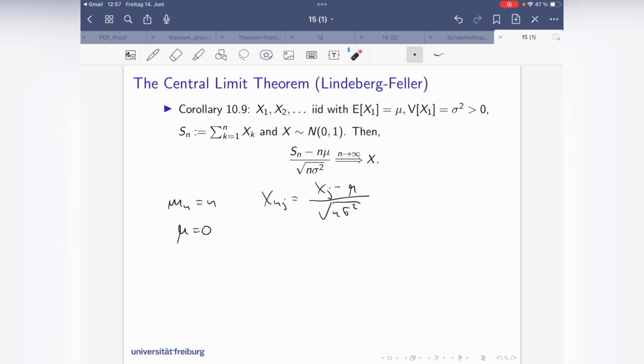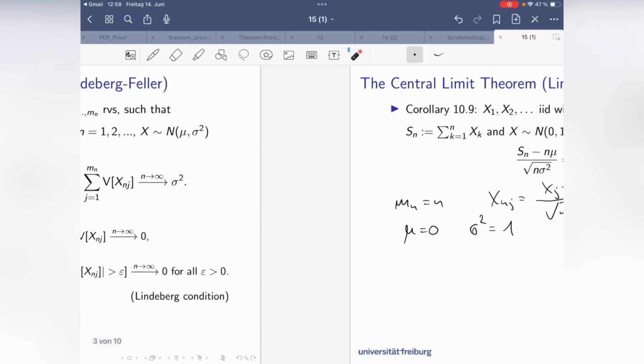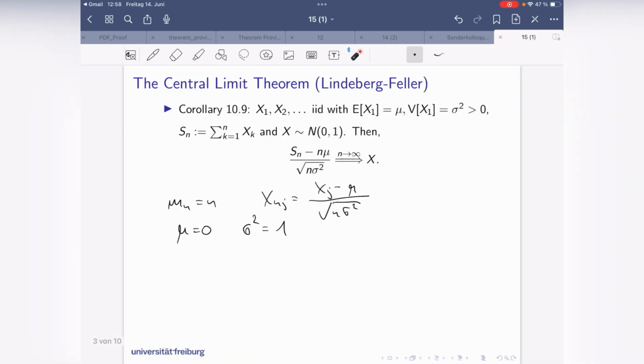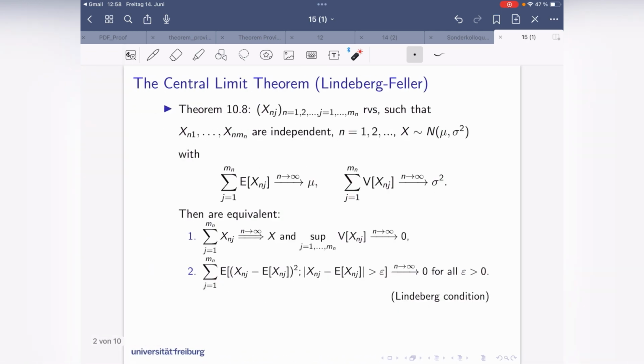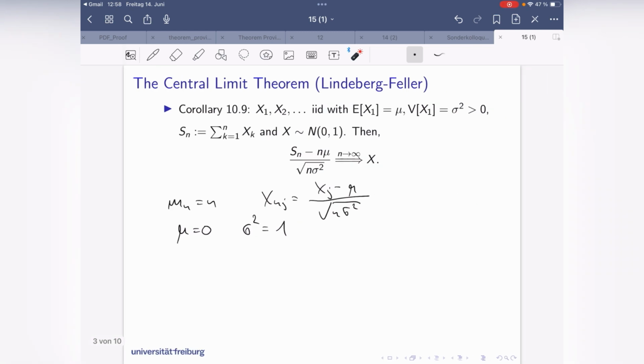So the sigma square that I get here is 1 when I calculate this sum. And if I now am able to check the second property, the Lindeberg condition, then I know convergence to the normal distribution. So can I get this? And the answer is yes, I can get this.